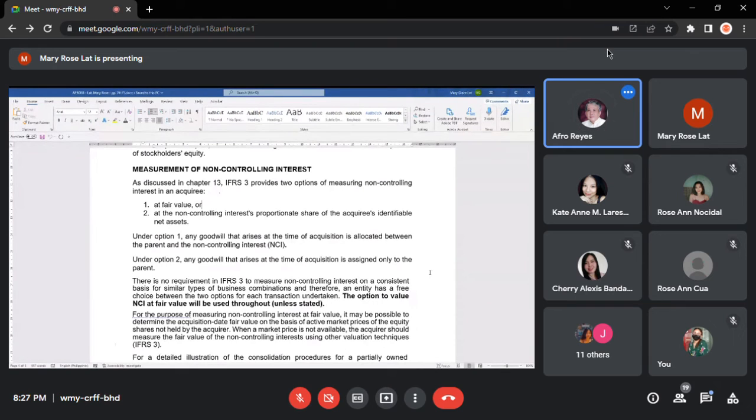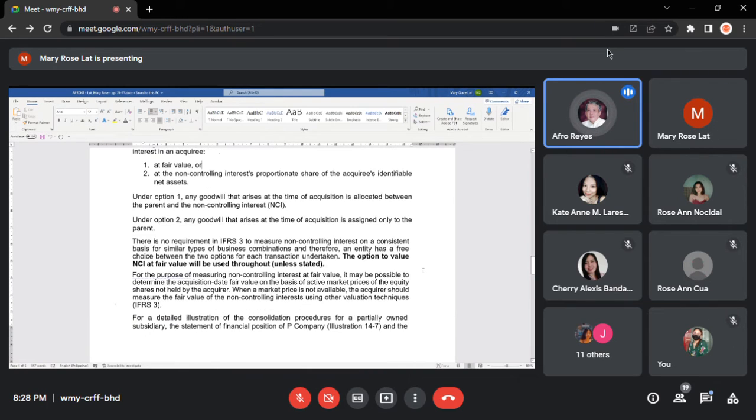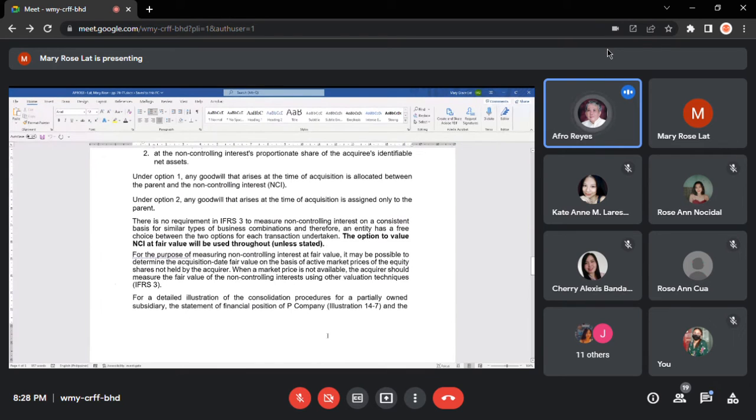Pwede niyang lagyan ng net income for the period, pero under pa rin siya ng retained earnings. And then, yung statement of financial position ng both sides, yun ang ikino-consolidate, no?